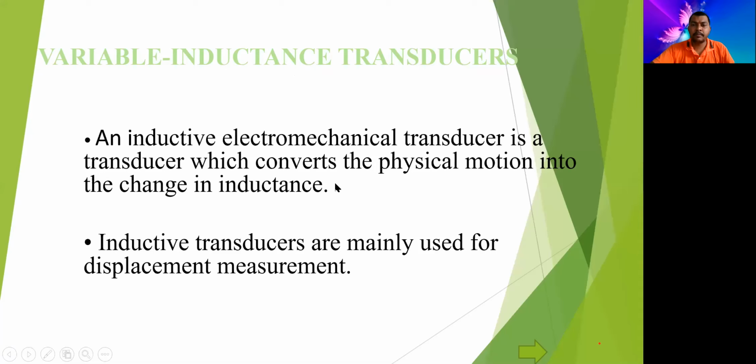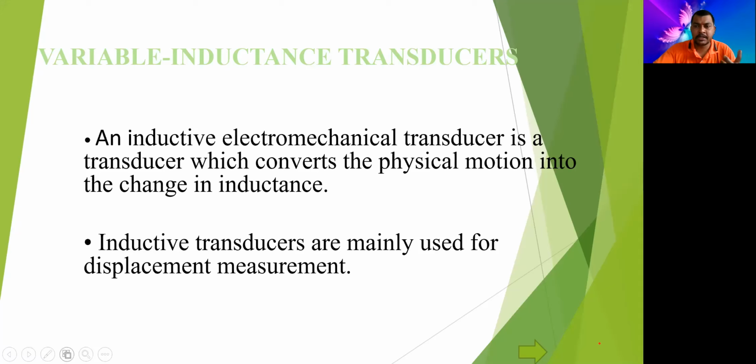An inductive electromechanical transducer is a transducer which converts the physical motion into the change in inductance, right? The physical motion is the physical parameter that we are expected to measure, converted into the change in inductance. Now, these inductive transducers are mainly used for displacement measurements.